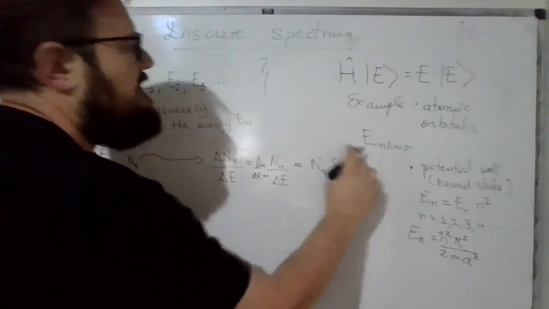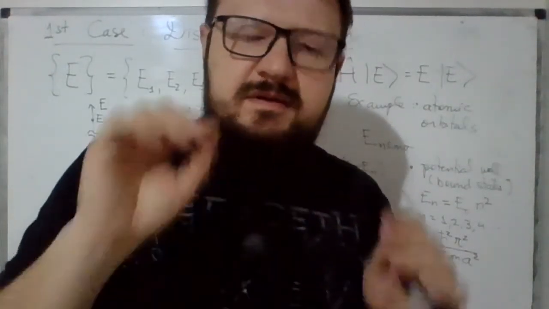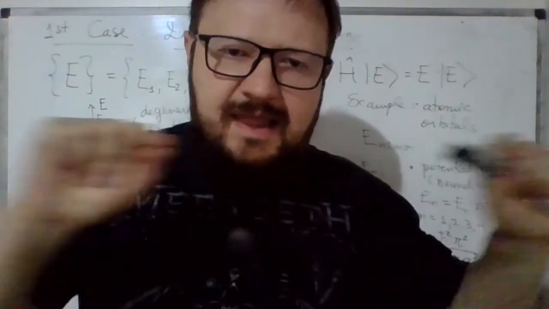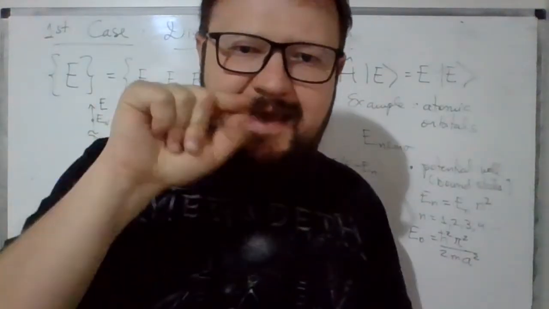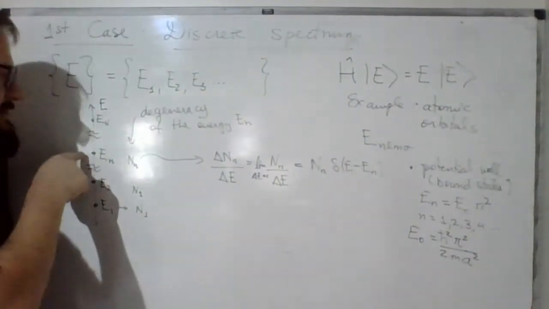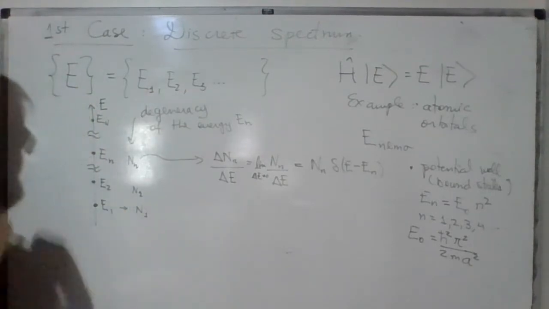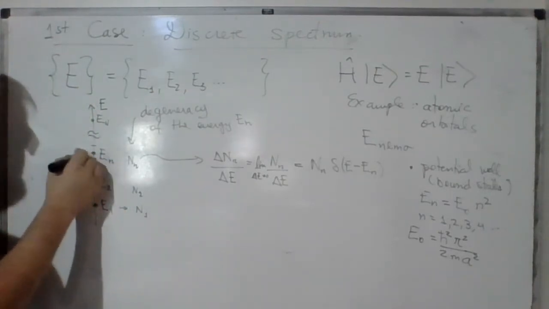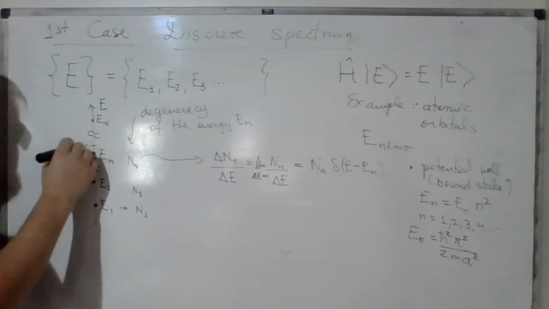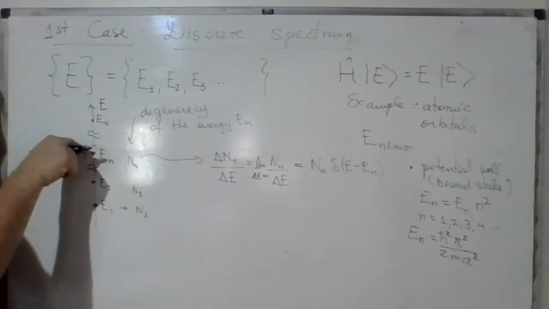Okay, levels are discrete. There are very specific lines, or points in the energy spectrum, where there are allowed states. So you need to get closer and closer. If you pick a given delta E around this energy, you get closer and closer to the specific value here.